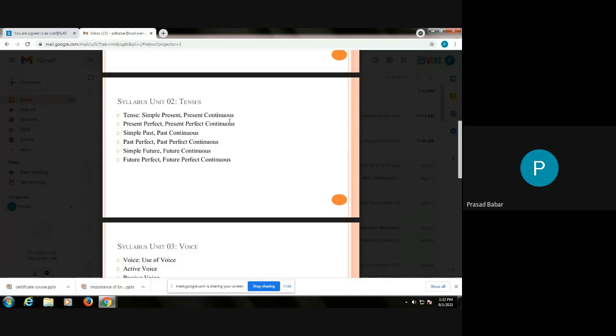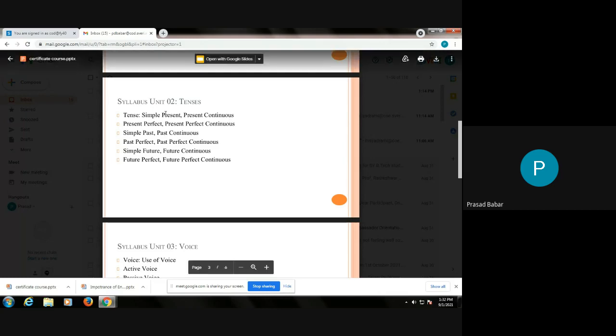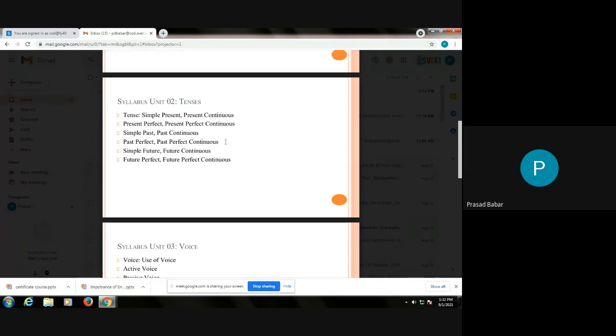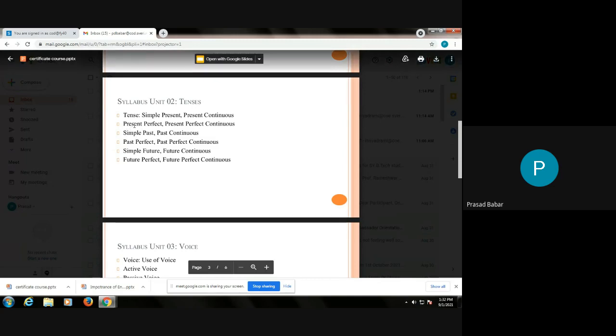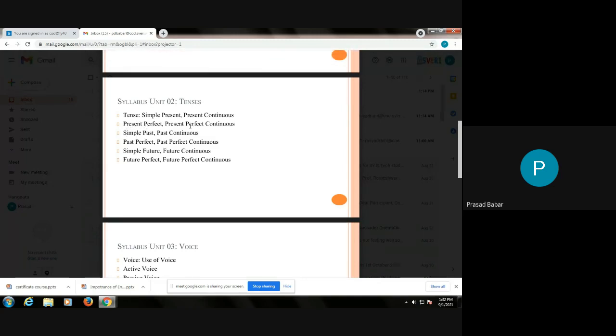The first unit is of tense, and in that there is simple present, present continuous tense. Okay. In the next there is present perfect continuous tense.